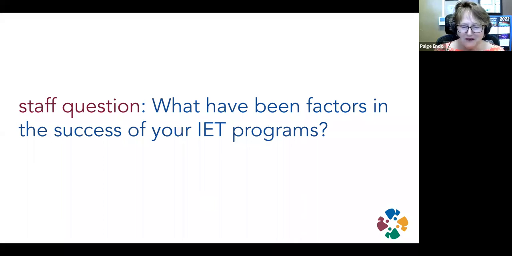I think another thing is just our persistence. We just keep trying and coming back and plugging along to make them be successful. And then, as Francisco was saying, the collaboration among programs, whether they're internal programs, for example, ESL and CTE, or external, for example, Mount Diablo Adult Ed and our local community college or our local day labor center.